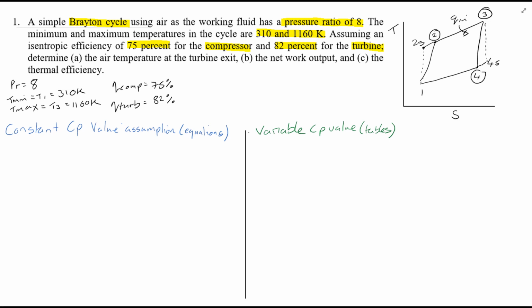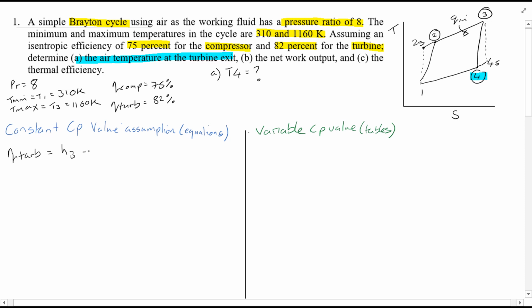Okay. So first of all, we're interested in the air temperature at the turbine exit. So this is the temperature at 4 that we're interested in. From the data sheet, there is this particular equation: the turbine efficiency is equal to H3 minus H4A, the actual point at 4, over H3 minus H4S, the isentropic point.